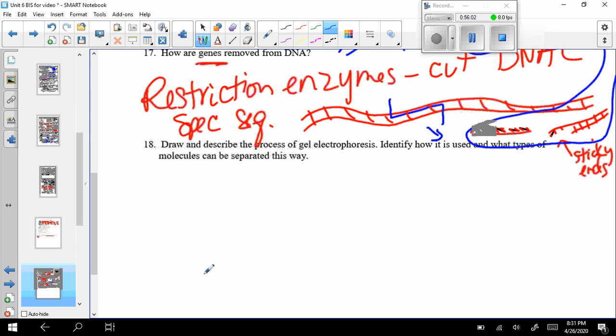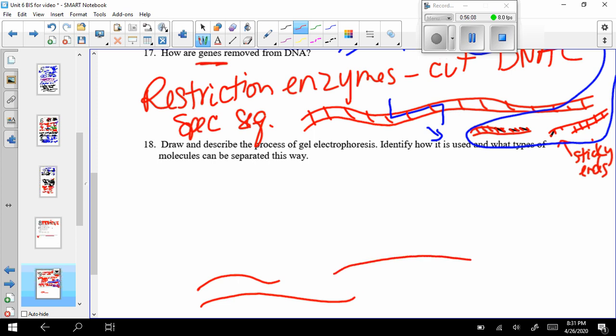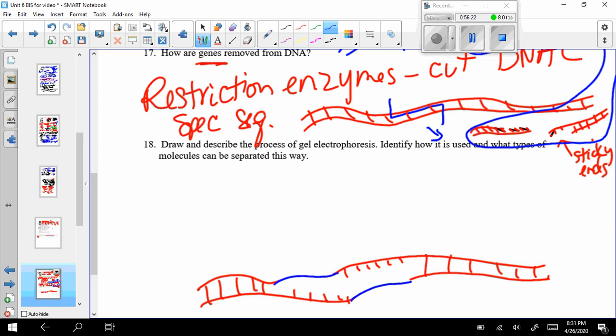So let's say here is my starting red sequence. And then here's my other piece. Together, sticky ends, together, sticky ends. And then the blue pieces are going to seal right on. There you go. There's the open piece and the together.